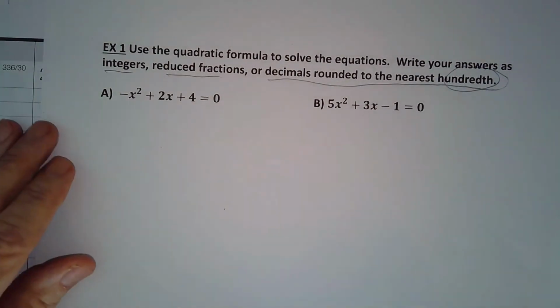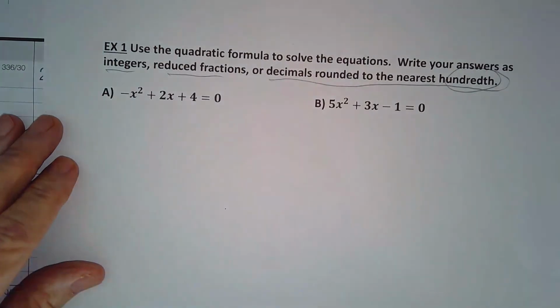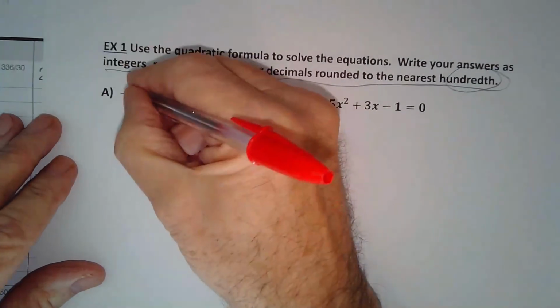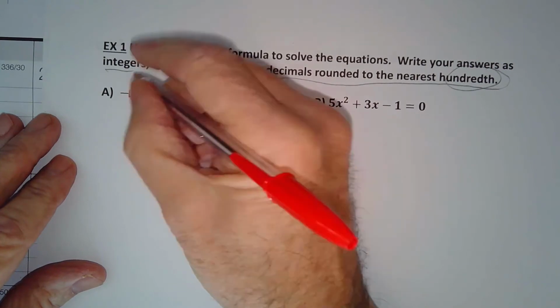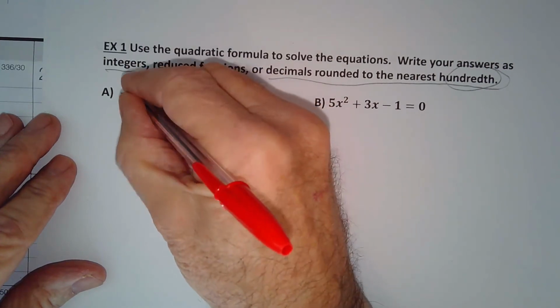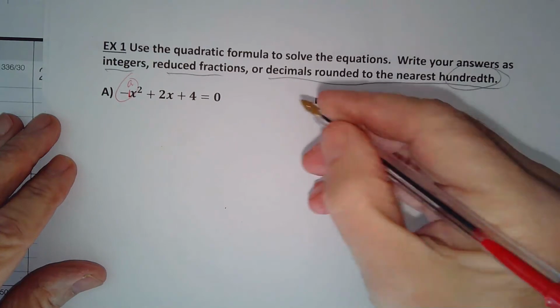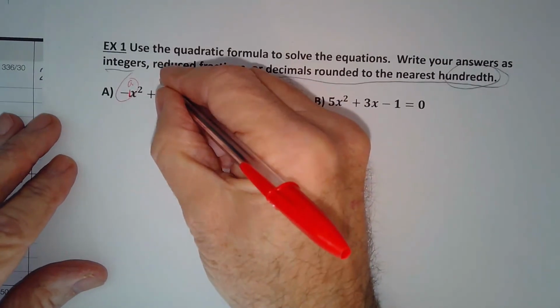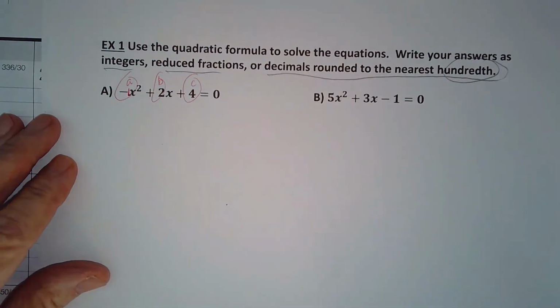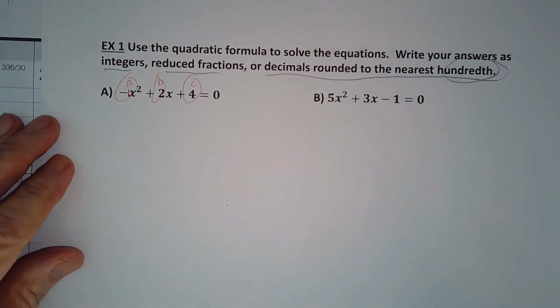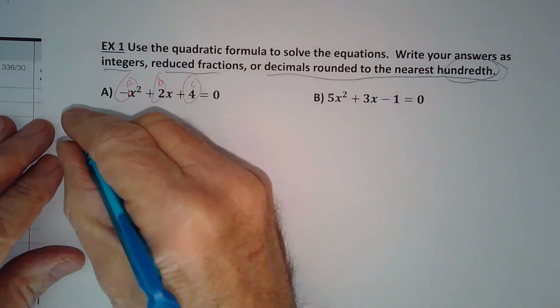All right, let's find our a, b, and c here. So you'll see you've got negative x squared in the first problem, so recognize that's a negative 1. So that's your a, negative 1. Your b is 2. Your c is 4. Knowing that, set up your formula.